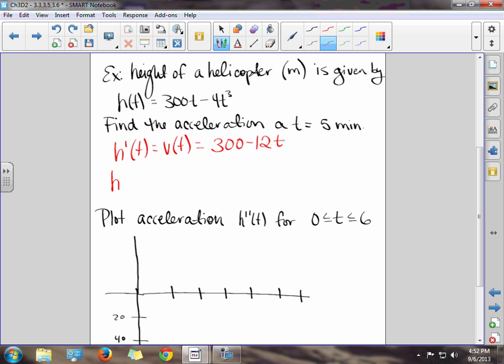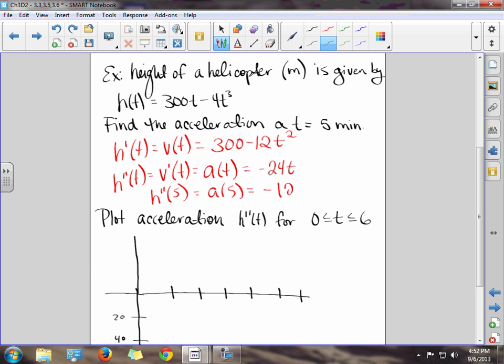So now we're going to take the derivative of velocity, which is the second derivative of height, and we just get negative 24t. So if I want the acceleration at t equal 5 minutes, this is just h double prime of 5, or a of 5, which is going to be negative 120.